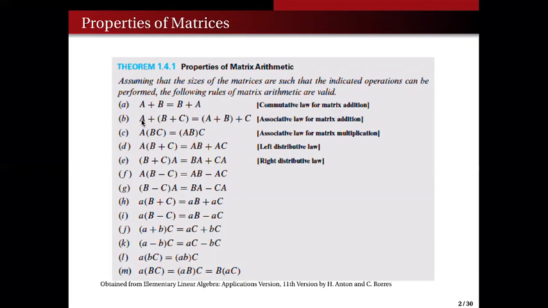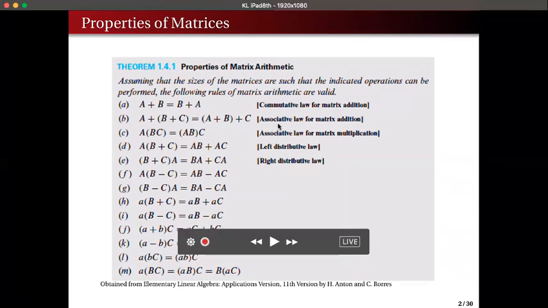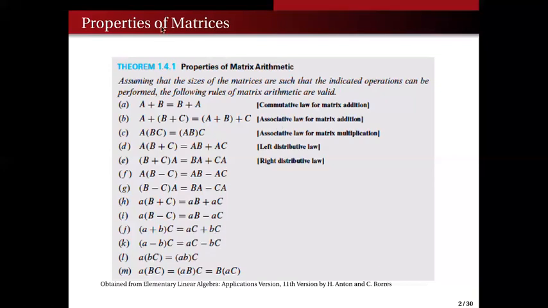And then if you have three matrices and you add them, A plus quantity B plus C will be the same as A plus B, and then you add C. So you can regroup the addends. This is called the associative law for matrix addition.